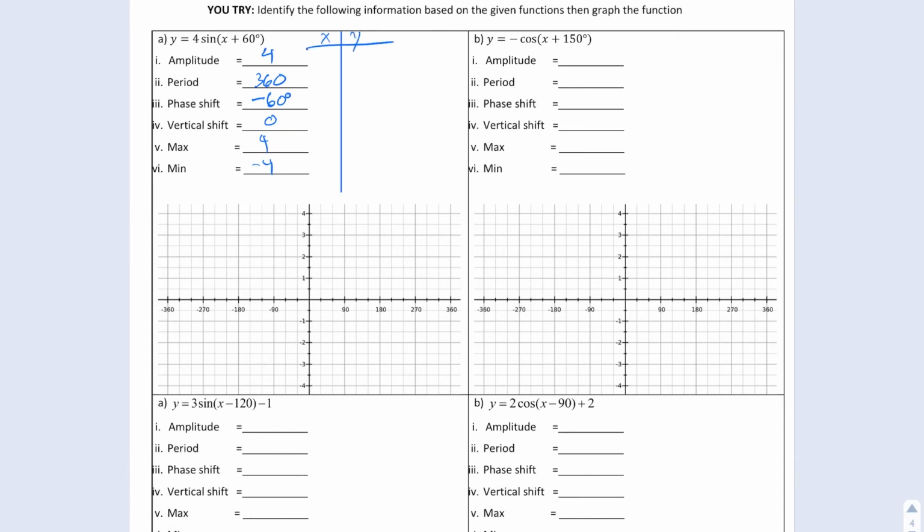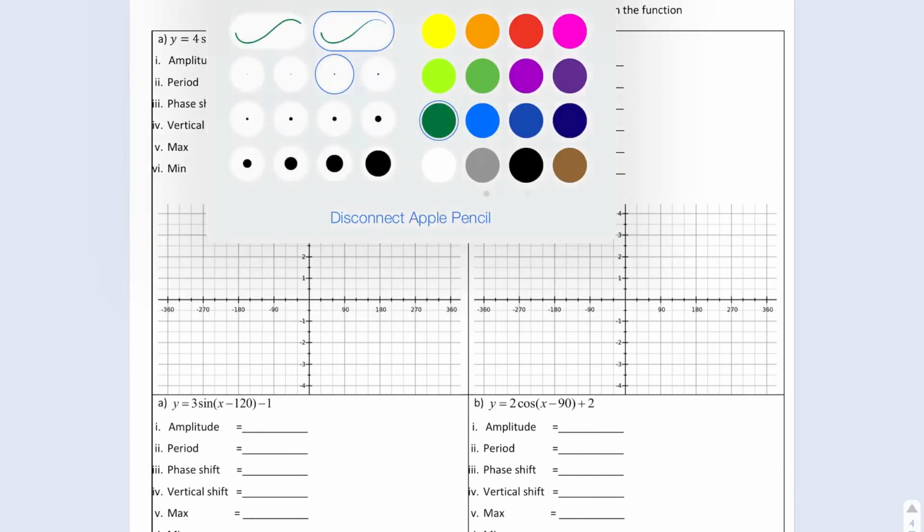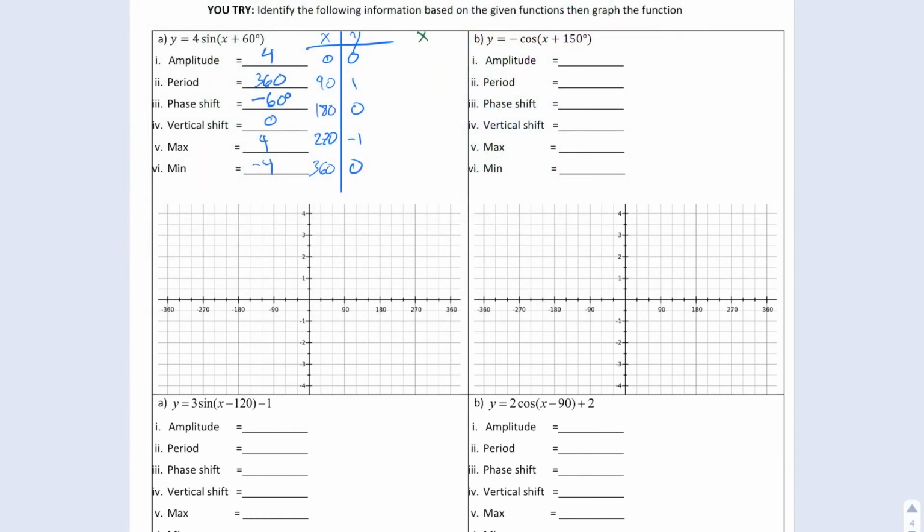So I'm going to take sine key points. So 0, 90, 180, and so on. And again, the key part here is to be able to do this. So I'm going to do x minus 60. I'm just going to move that over.